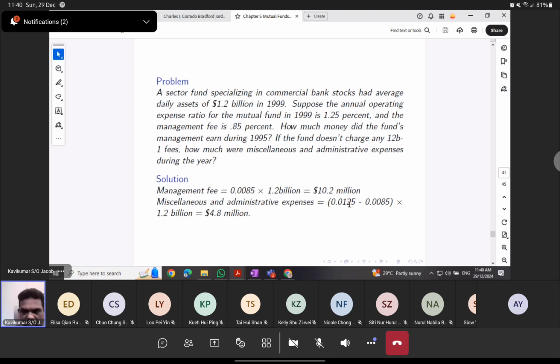So 0.0125 minus 0.0085 for the 1.2 billion. This is 4.8 million. That is the miscellaneous and administrative expenses.